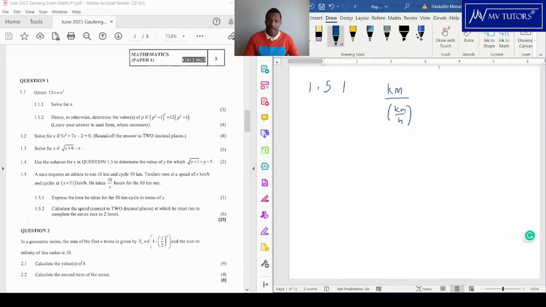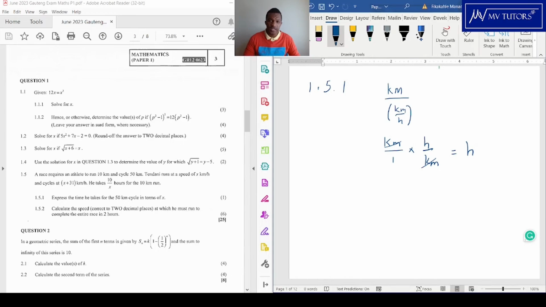Now if I expand this, it's going to be kilometers over 1 times, now I'm changing the division into a multiplication, which means that I should take the reciprocal of that. It becomes hours over kilometers.